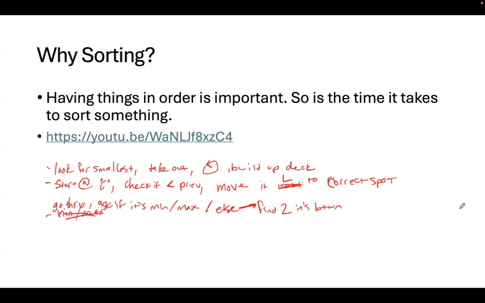Find the two it's between and then put it there? Yeah. Okay, that's interesting. I haven't thought of that.